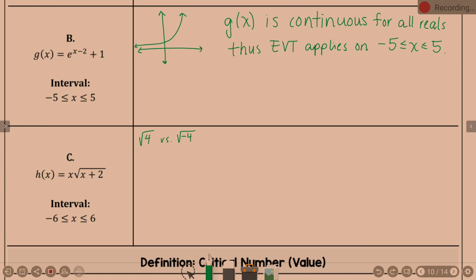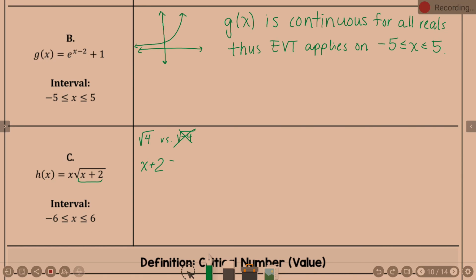We generally work in real numbers. In terms of real numbers, what do you know about a square root? It has to be what? Positive. Whatever's under the square root has to be positive. What's under the square root here? X plus 2. So the value x plus 2 has to be positive.